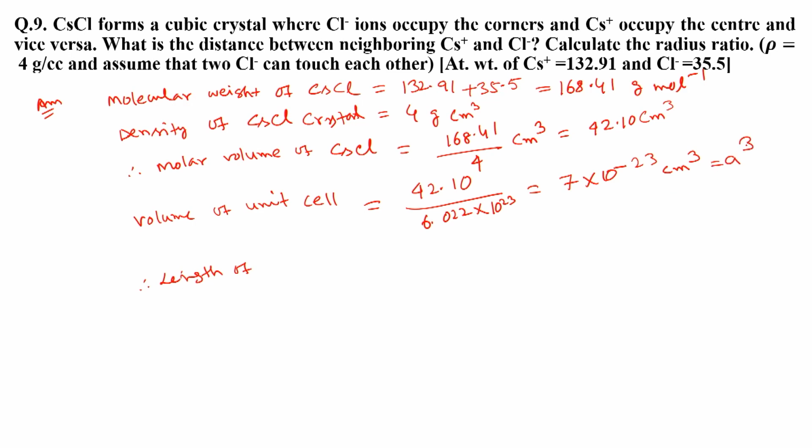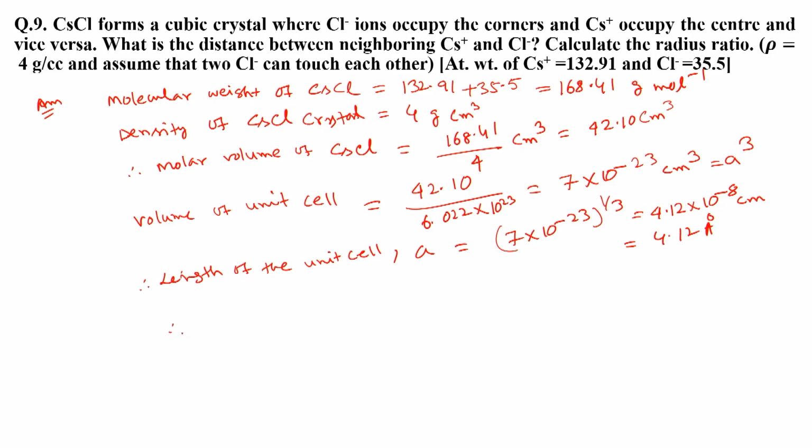Okay, so the length of the unit cell, if we call it A, is 7 times 10 to the minus 23 raised to the 1 by 3. Okay, so if we calculate this, we get 4.12 times 10 to the minus 8 centimeter, or we can write this as 4.12 angstrom.